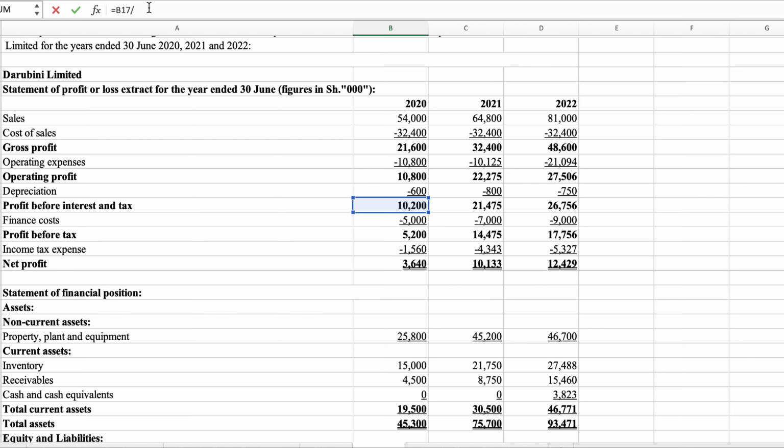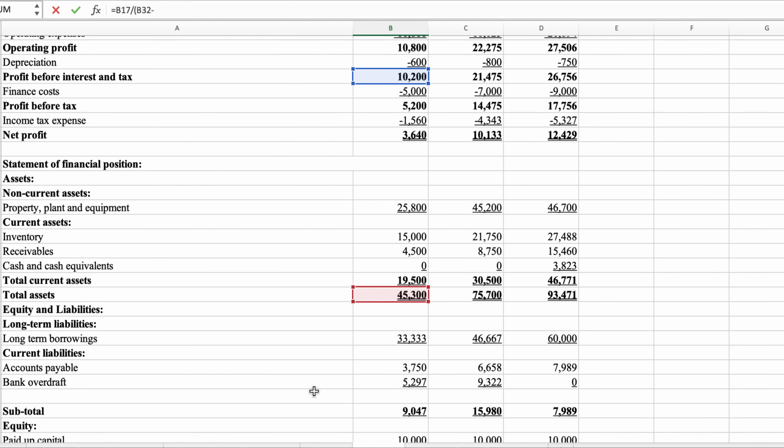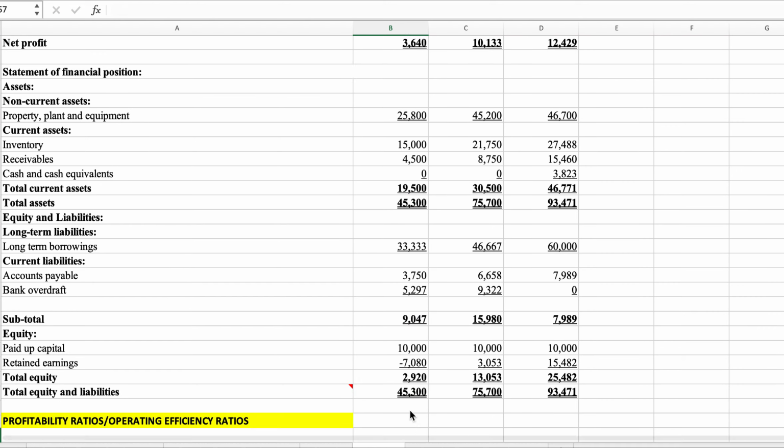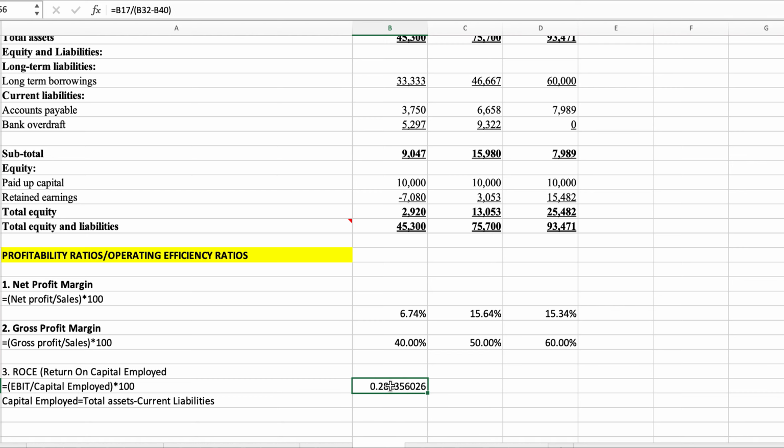Capital employed, we shall find it by taking the total assets for this year, 45,300, minus current liabilities. Our current liabilities comprise accounts payable and bank overdraft, and this is the total. Then you express whatever you get here as a percentage by multiplying by 100.